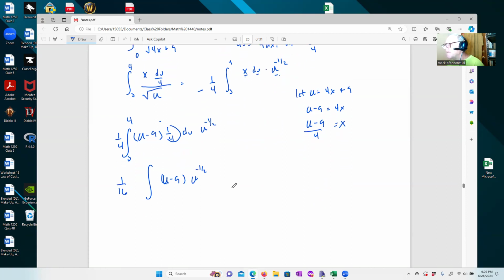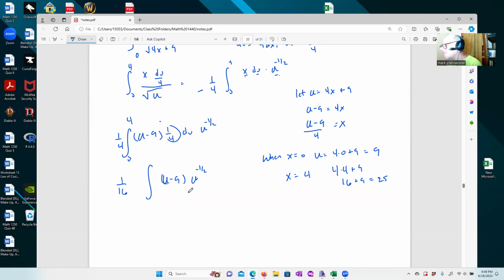From this point, instead of going from 0 to 4, let's say when x equals 0, u is equal to 4 times 0 plus 9. 4 times 0 is 0, plus 9 equals 9. When x equals 4, we have 4 times 4 plus 9, which is 16 plus 9, that's 25.